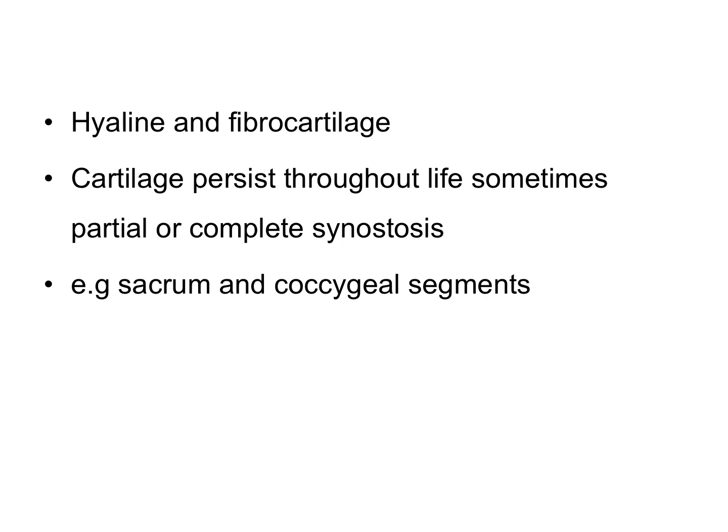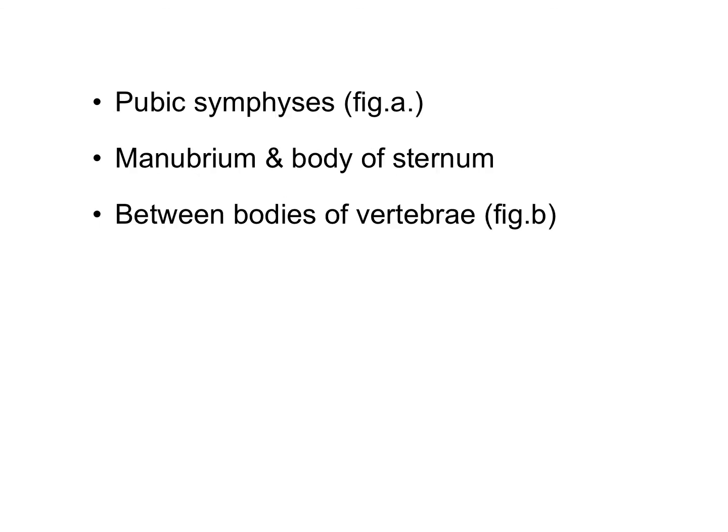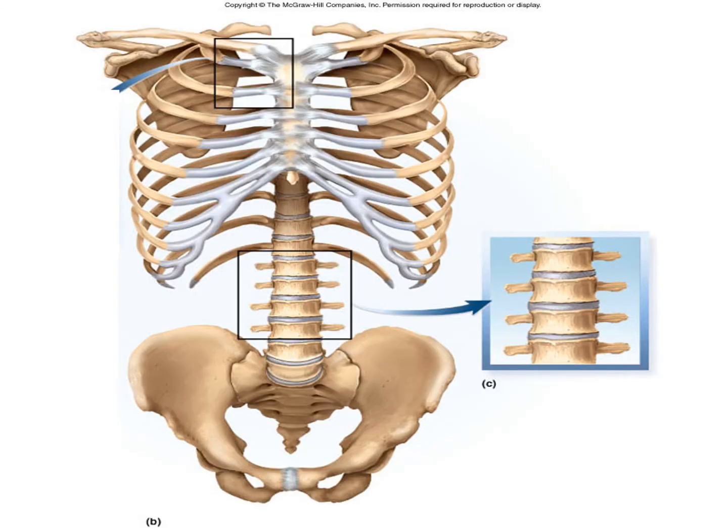Major examples of this type of joint are the sacrum and the coccygeal segments, and we have the pubic symphysis, manubrium and the body of the sternum, between bodies of the vertebrae. Here you can appreciate the pubic symphysis and the bodies of the vertebrae. This joint is present basically here.